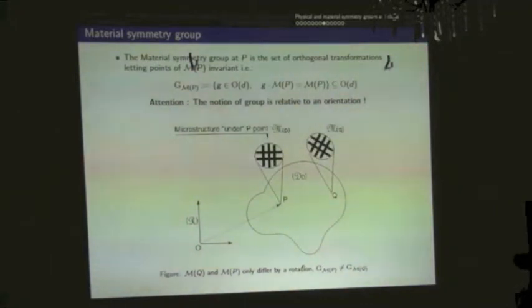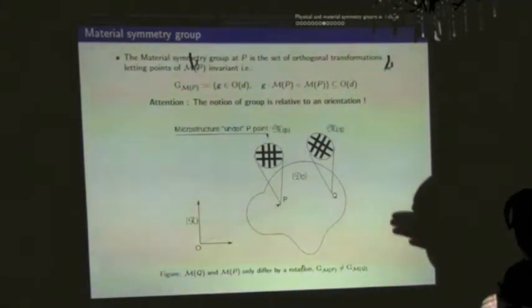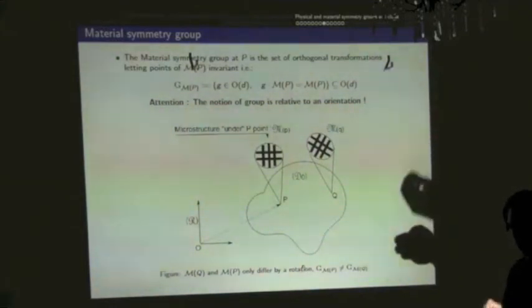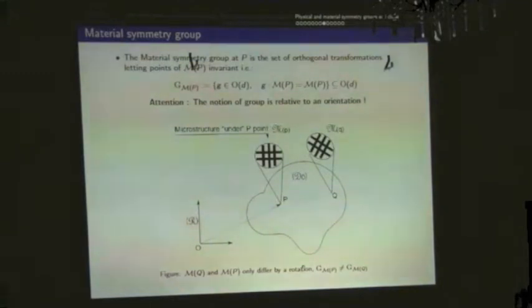How precisely things are organized at the material point P, you don't know. But you know at the upper level the symmetry group that is contained below your point. And you can have some value also, but the geometry in some way is lost in your modeling process.